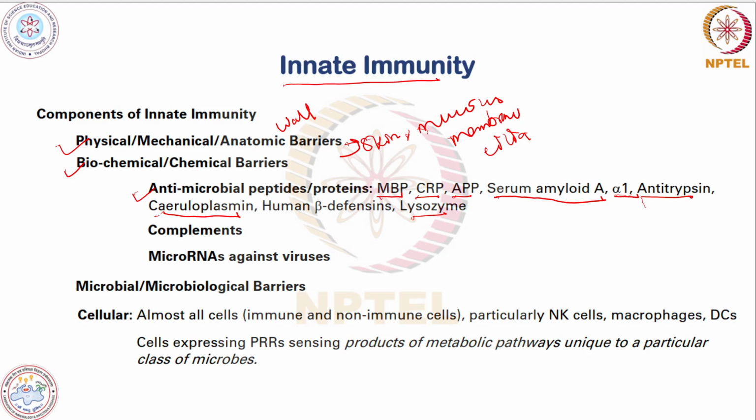These are responsible for killing the pathogens and not allowing them to enter our body. First we discussed the physical, mechanical or anatomical barriers. They act like a wall to protect us from infections or harmful pathogens. The next one is biochemical or chemical barriers. These are like chemical weapons.